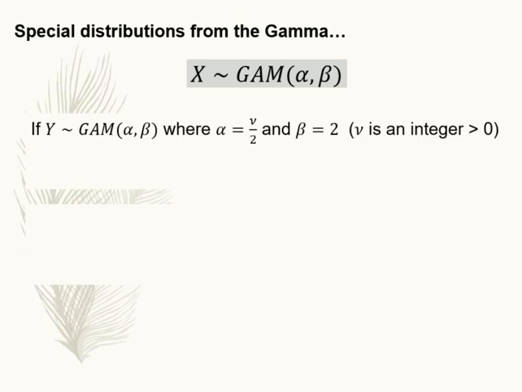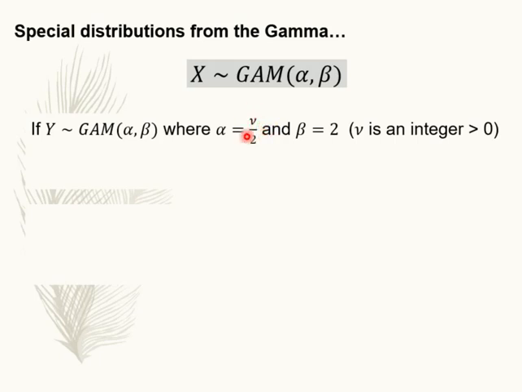So firstly, suppose you take Y to be a gamma distribution with parameters alpha, beta, and alpha is equal to some value, nu, which just represents an arbitrary integer greater than 0.